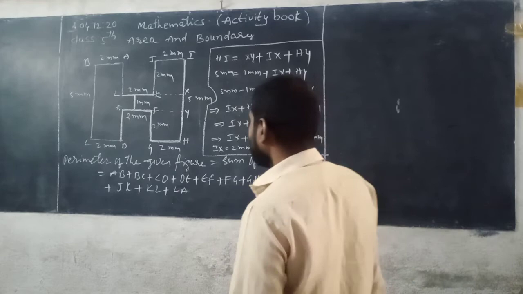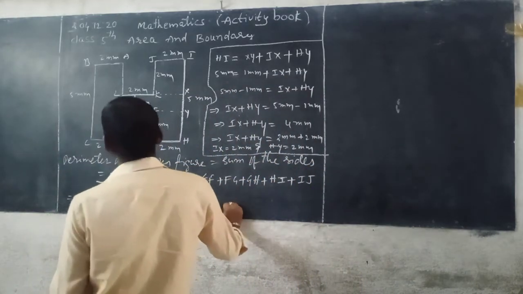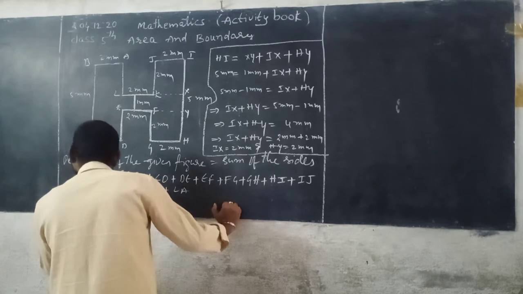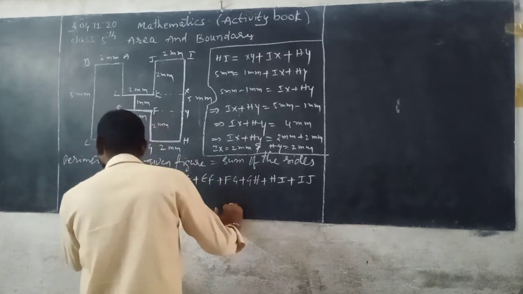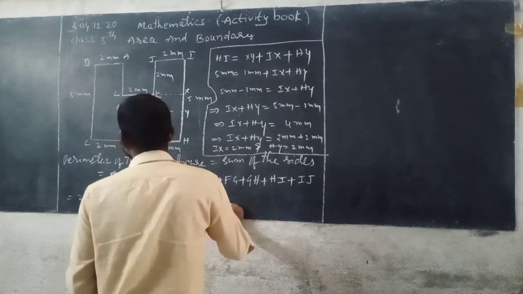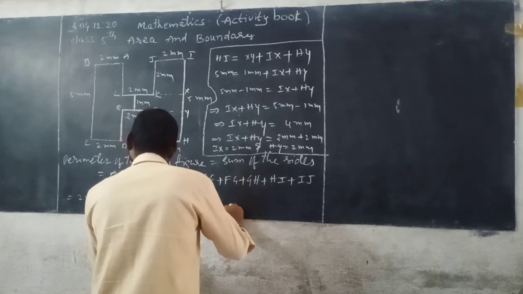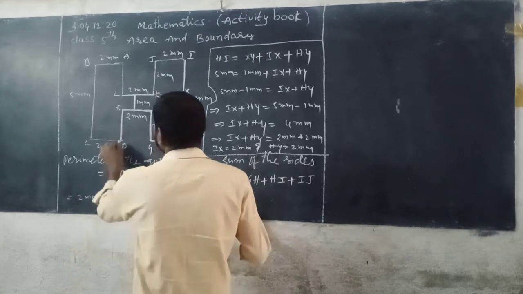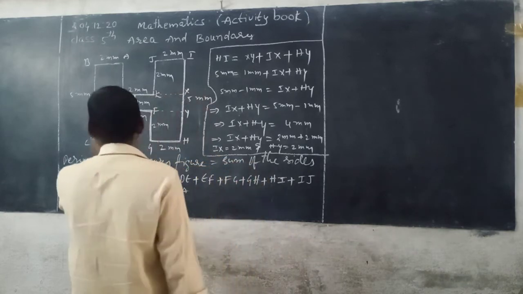See, write down AB. AB is equals to 2 millimeter plus BC 5 millimeter. CD 2 millimeter. DE, so this is also 2 millimeter.